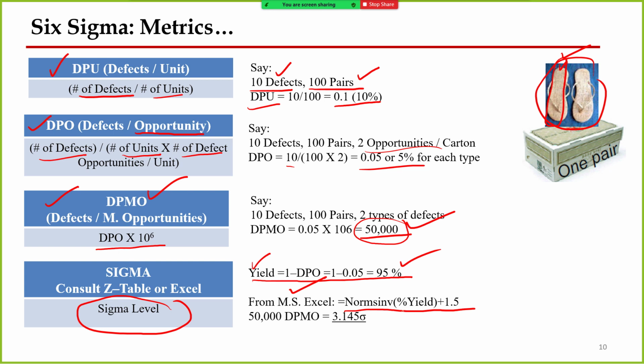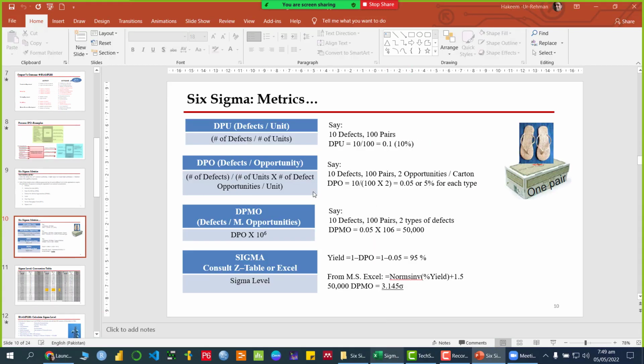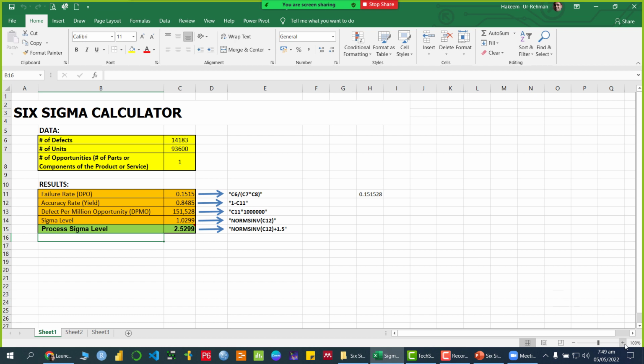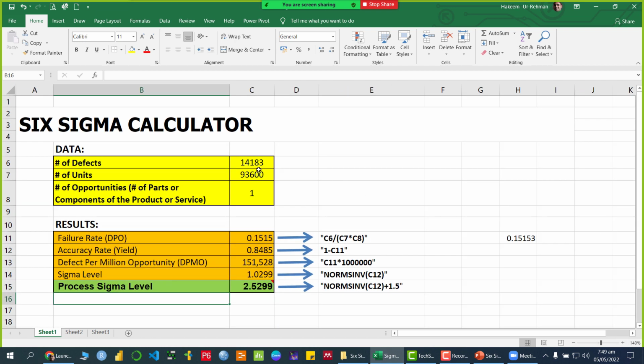Then we write the value of the yield, which is 0.95, plus 1.5, which is the shift of 1.5 sigma. How can we do that? I have already prepared an Excel sheet, which I believe Dr. Asif shared with you. The input data we need is the number of defects.